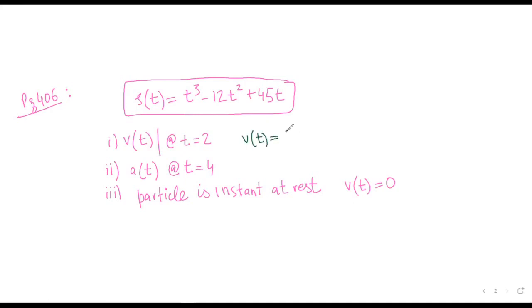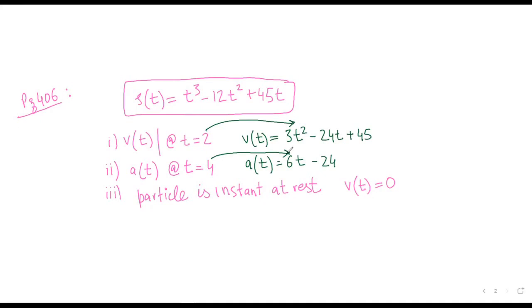The velocity function would be 3t square minus 24t plus 45. The acceleration function would be 6t minus 24. So I can put the value of t is equal to 2 here and find the velocity, and I can put t is equal to 4 here and find the acceleration. Am I making sense?